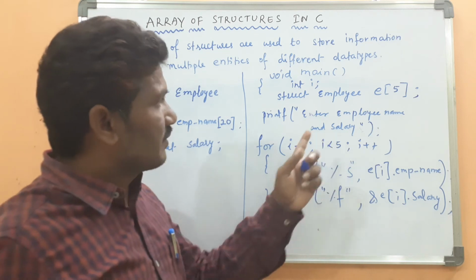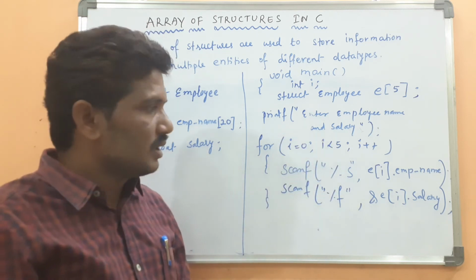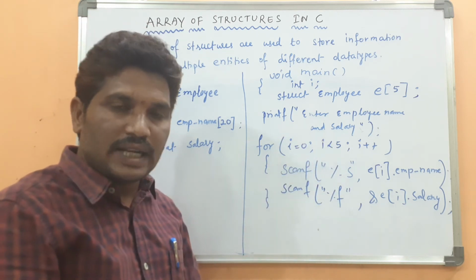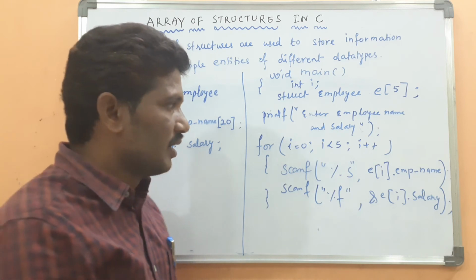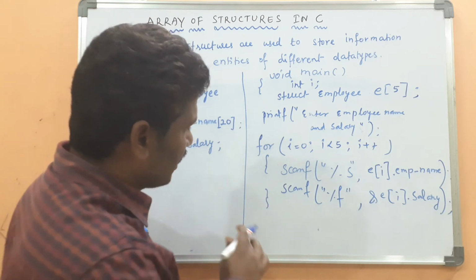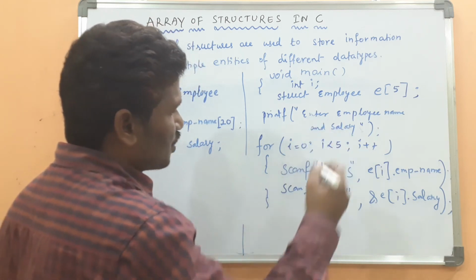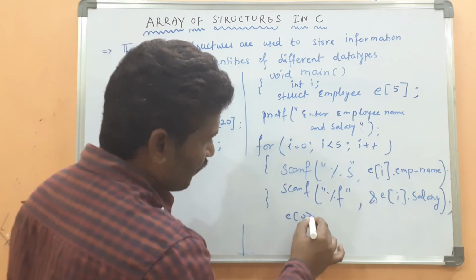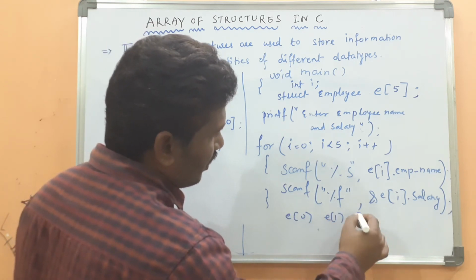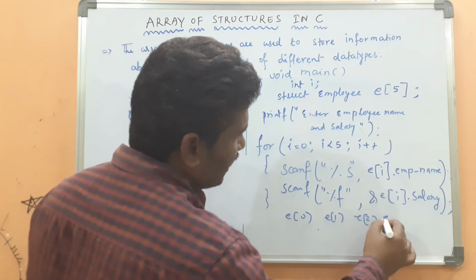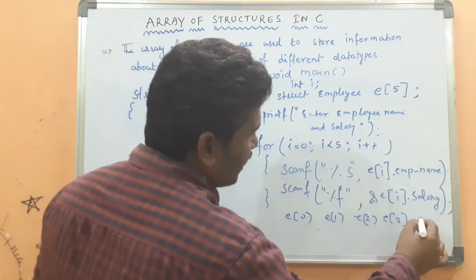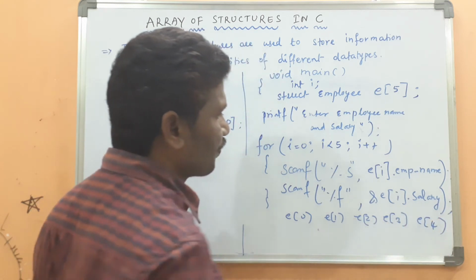Here, whenever you enter the data, first you should give the name of the employee, after that salary. The first data entered will be stored in E of 0, E of 1, E of 2, E of 3, E of 4.